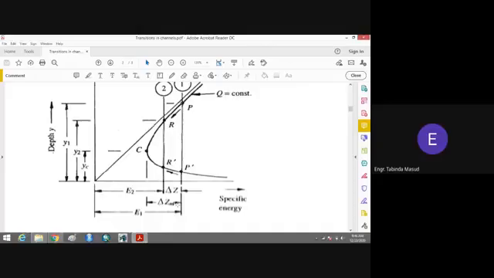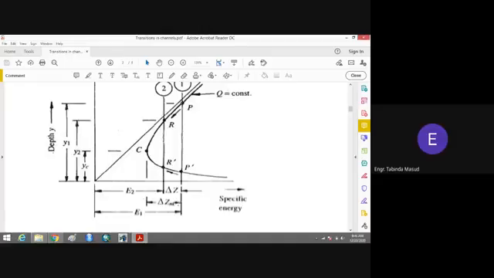If you further increase the height of the hump, then the critical depth of the flow will remain there over the weir. So this is the minimum height of the hump for which you have the critical depth of the flow. Below this height, you don't have any critical depth, and above this height, you always have the critical depth of the flow.